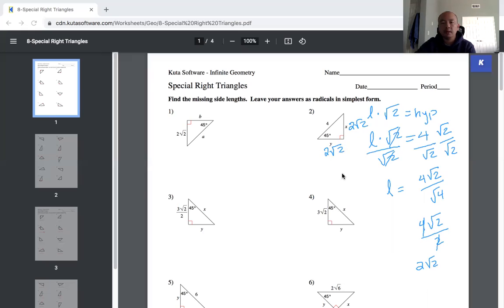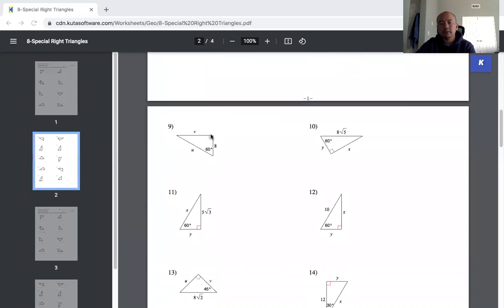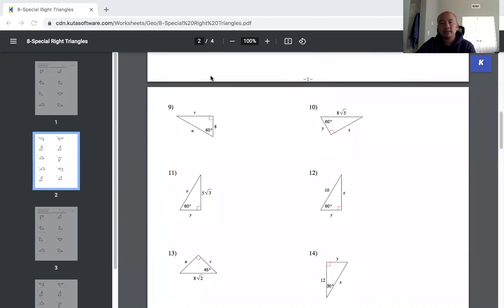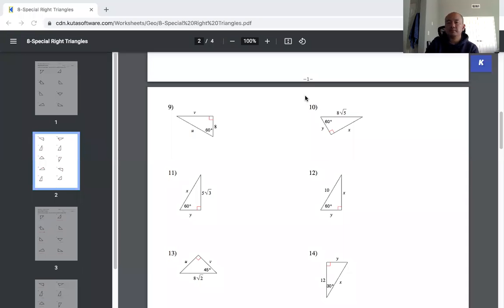All right, let's head down to the 30, 60, 90 portion. These are 30, 60, 90 triangles. So it's the short leg, I'll call it the S, times 2 equals the hypotenuse.